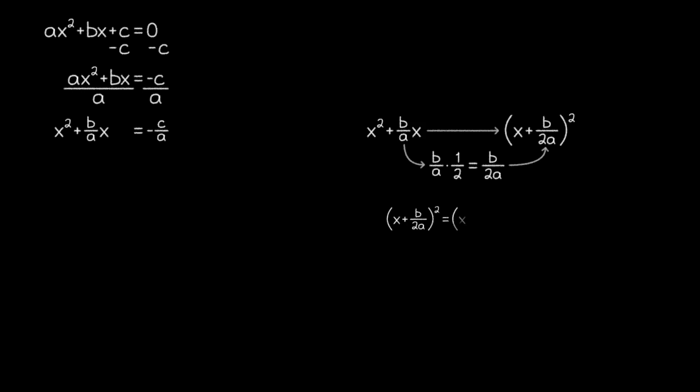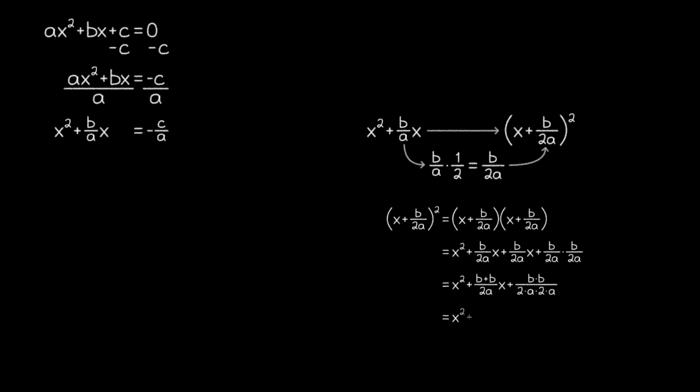Then, we'll expand the perfect square to see what the constant will be in the expanded form, and that turns out to be b squared over 4a squared. This allows us to go back to this step in the main process, where we can now add b squared over 4a squared to both sides.